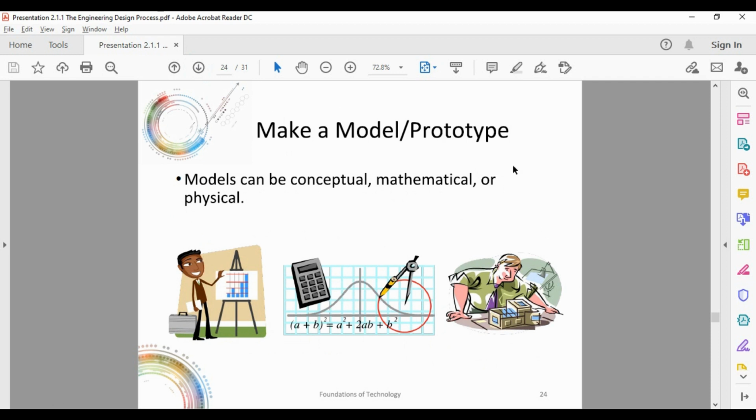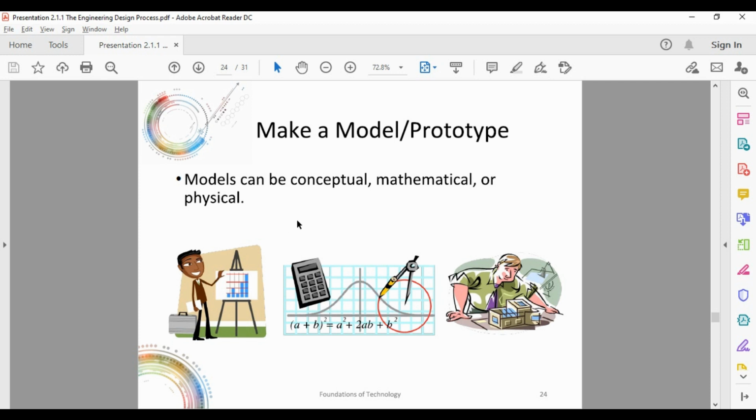Make your model or your prototype. So I've used this term. It can be conceptual, mathematical, or physical. Mathematical models, if you were designing a sphere, you can actually do that using just math, and that's okay. There are some things I mentioned before, modeling how birds fly.